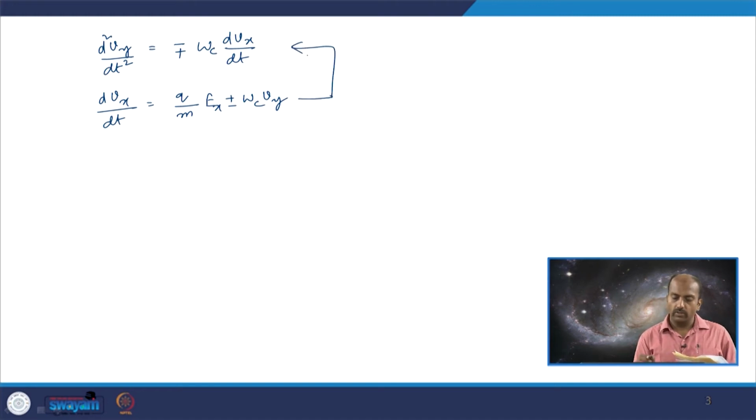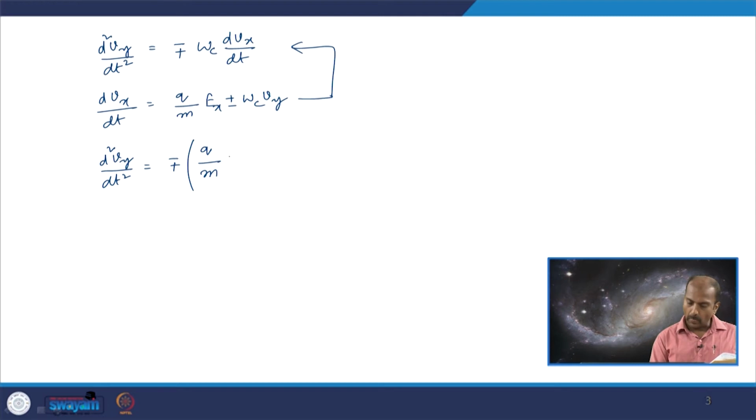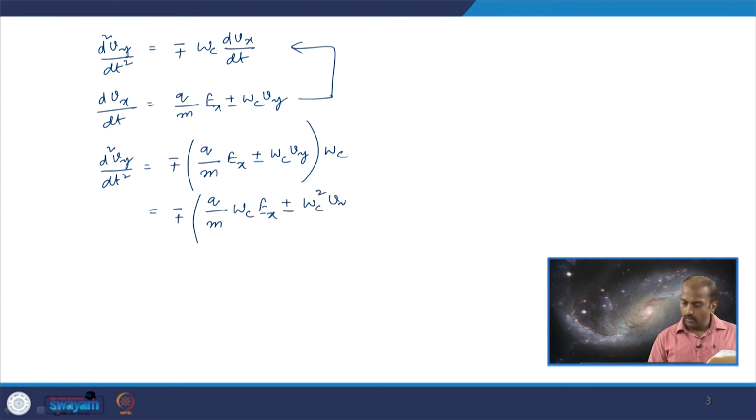Substituting this into this equation, we can write d squared Vy/dt squared equals minus plus omega c times q/m Ex plus or minus omega c Vy, which is equivalent to q/m omega c Ex plus or minus omega c squared Vy.